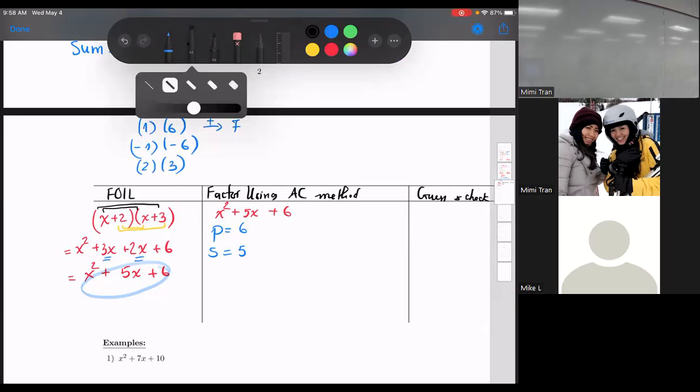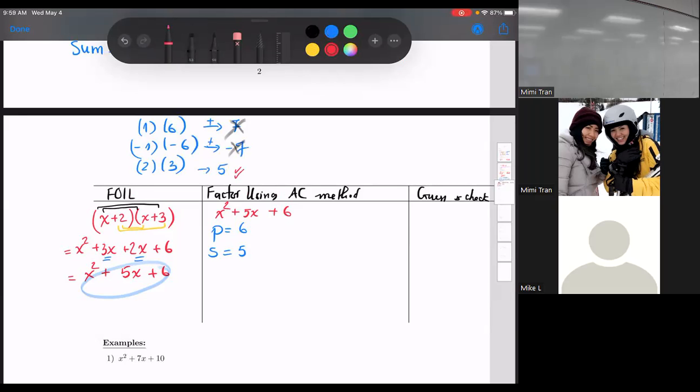Same thing with -1 and -6. The product is 6, but when you add, it's -7. Again, we don't want that. The third choice, the product is 6, and the sum is also 5. So this is your guy. The reason I'm showing this is because sometimes the problem is more complicated. Sometimes you need to write things down.